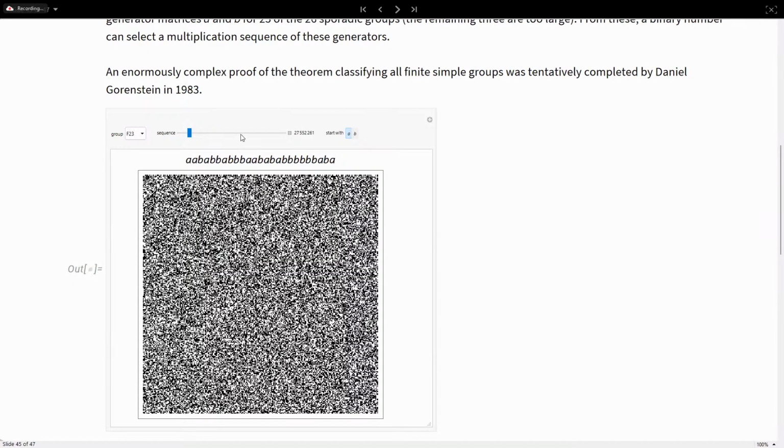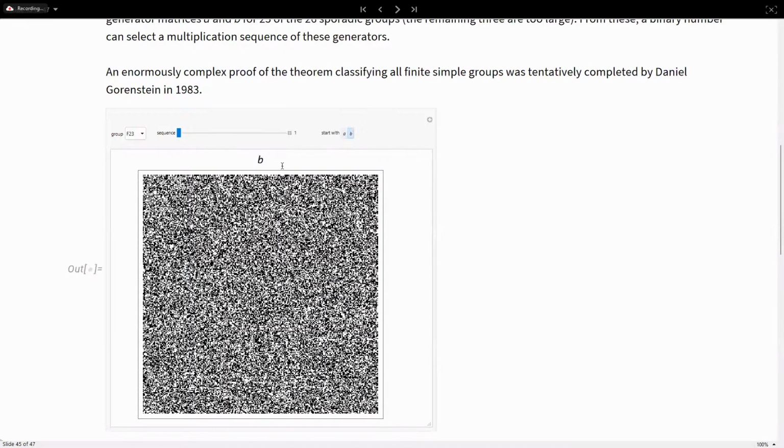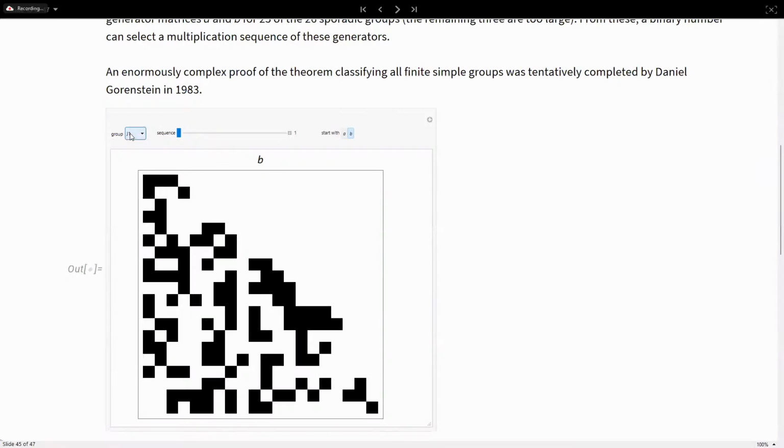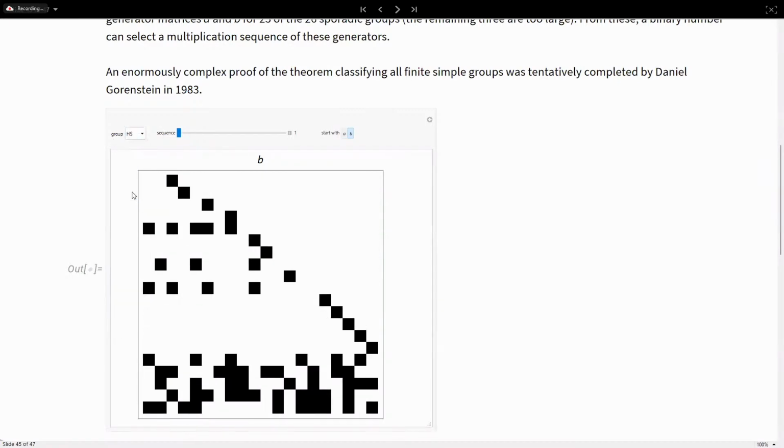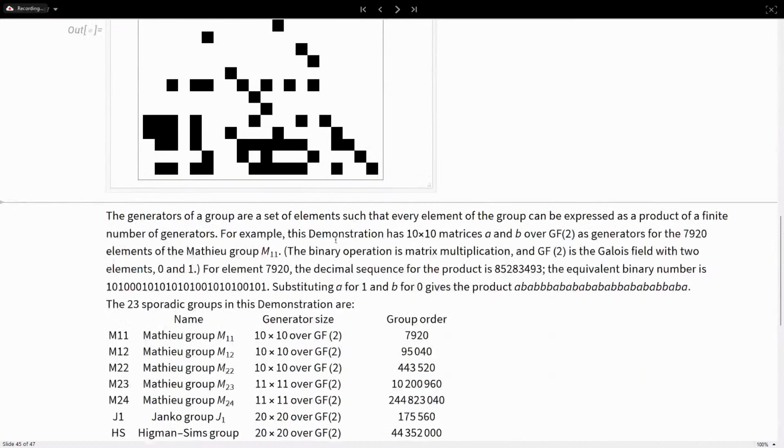That's why it has three colors here. And at the start, here's A and B. Some of them look better than others for the original matrices. For example, here's B and A for the HS group.